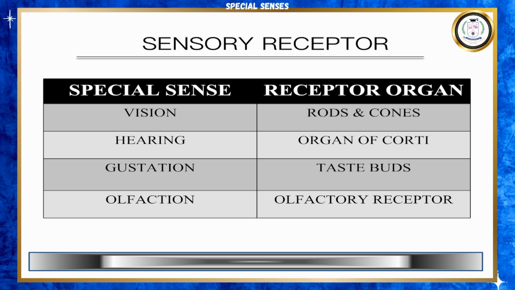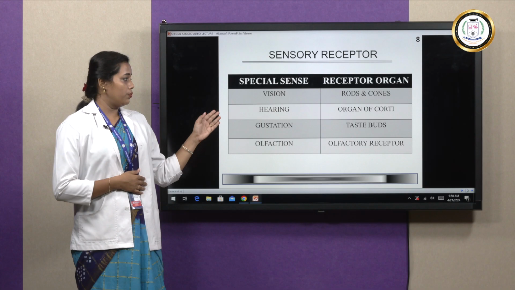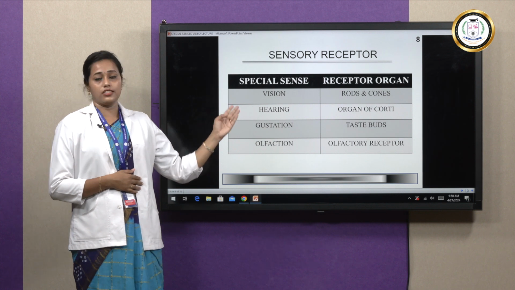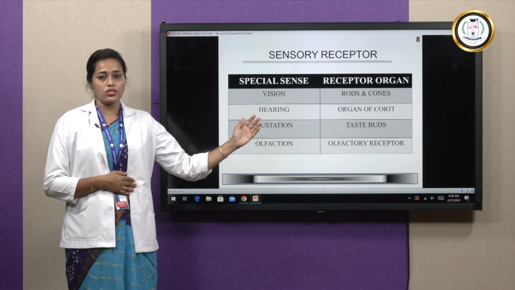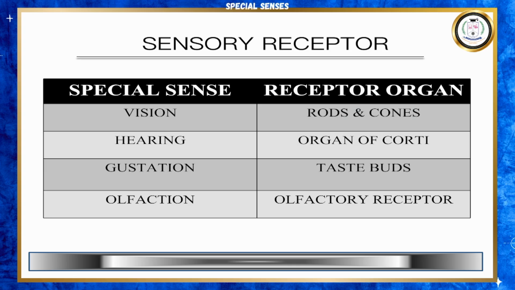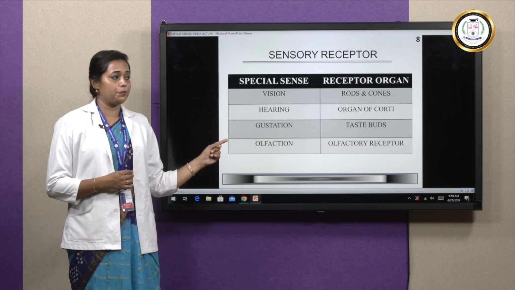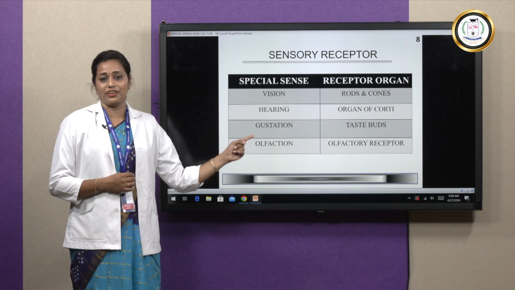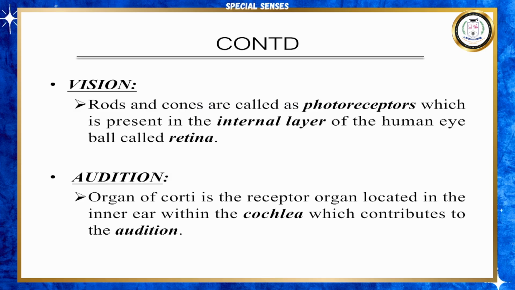We know each special sense has a specific receptor organ. For vision, the receptor organ is rods and cones; for hearing, it is the organ of Corti; for gustation, the taste buds; and for olfaction, the olfactory receptor cells. So let's start with vision.